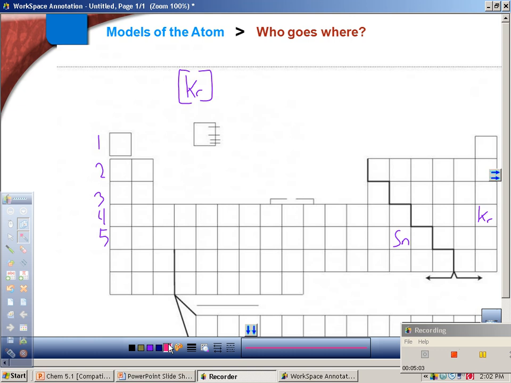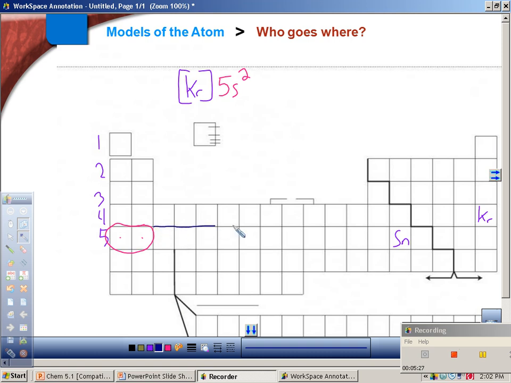Now for the fifth period, I have to say who all these boxes are, what the address is for all of these. So again, here's my s orbital. It's on the fifth level, so I'm going to say 5s. Okay, each box is filled. I know all of these boxes up to this one are filled.